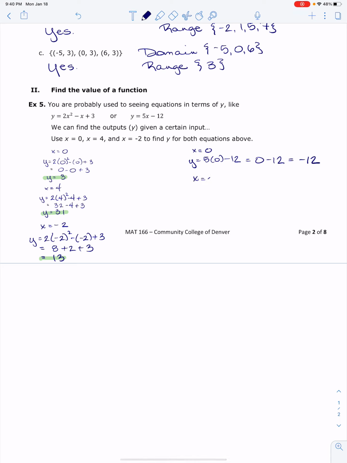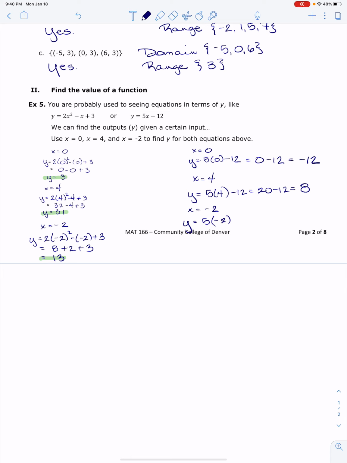If I plug in x equals 4, I've got y equals 5 times my 4 minus 12. Again, 20 minus 12. As far as the work you need to show, you don't have to show me that 5 times 4 is 20. I'm going to assume that if you show me 5 times 4 minus 12 and you just put 8, you're okay with what is going on.